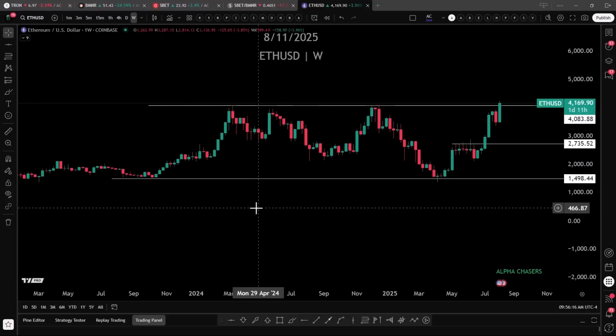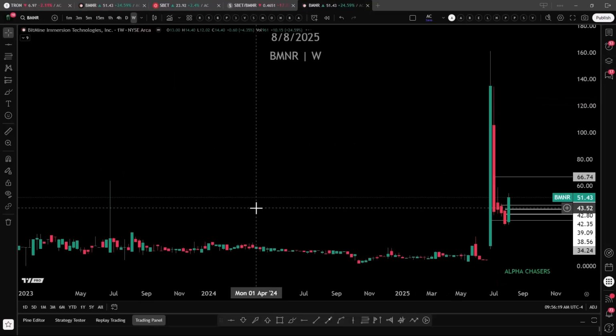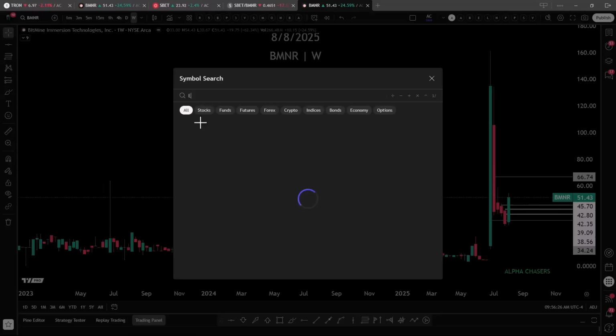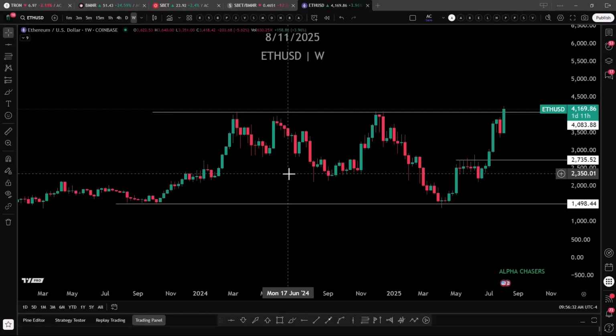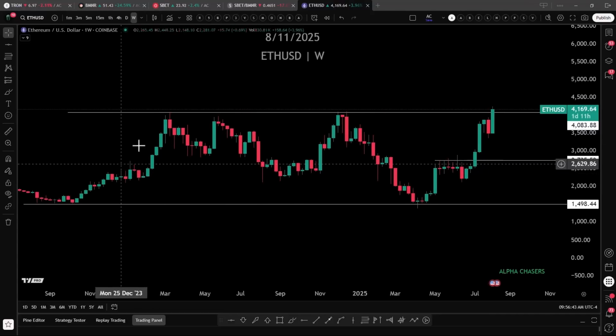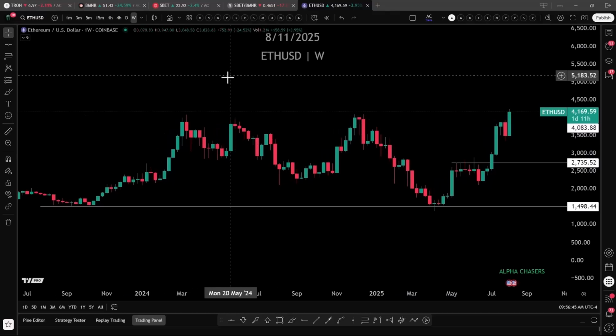If BMNR is willing to exchange their stock for Ethereum, why are you exchanging your cash for BMNR? It doesn't make any sense whatsoever. Why wouldn't you just do what they're doing? Because they are saying that their stock value has less value than Ethereum. So why wouldn't you just do the same?